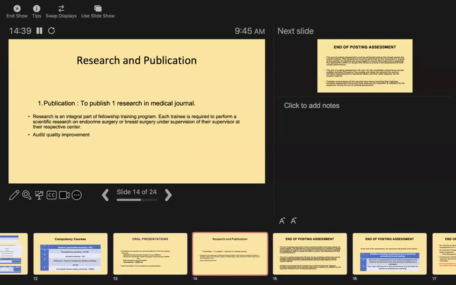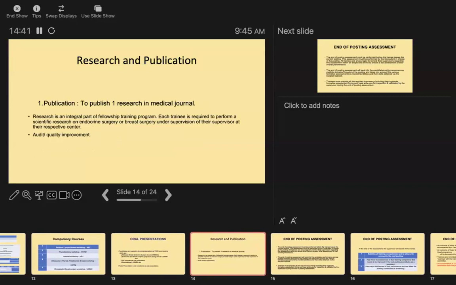Research and publication, to publish one research in medical journals. I think this includes medical case reports. Case report is accepted, right? As long as it is published. We haven't specified Q1 or anything yet. If Q1, that is a bonus. Right?